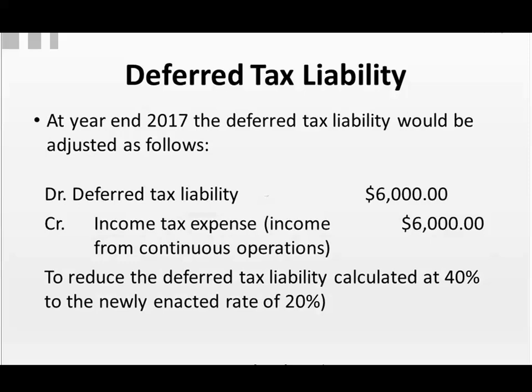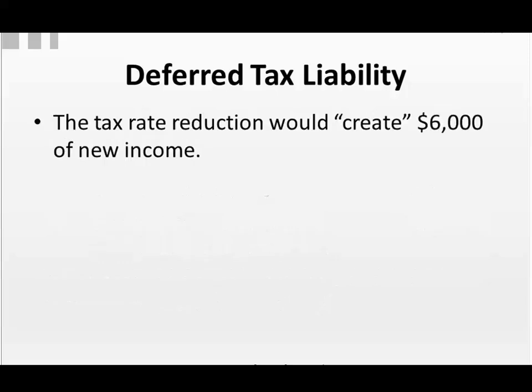It would reduce the deferred tax liability, calculated at 40%, to the newly enacted rate of 20%. Everybody with me there? That's the windfall. That's what everybody saw this year, 12/31/17, when they cut the rates from 39.6 down to 21%, among other things. Okay? So the tax rate, in effect, in my little baby example here, created a windfall. It created $6,000 of new income.